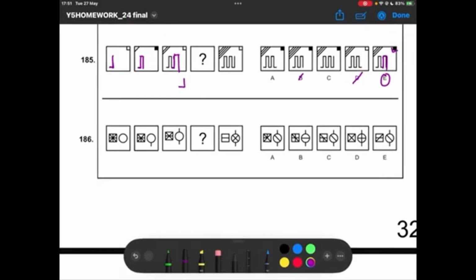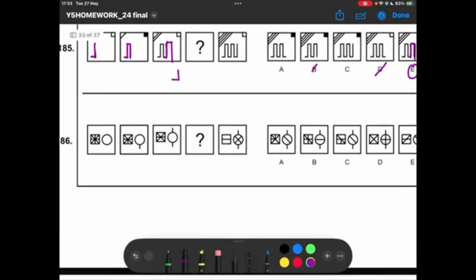Next, so we're adding a line each time to the circle. So we've got 1, 1, 2, 1, 2, 3, 4. So there's going to be 3. So I'm just going to draw 1 like that, and then in the square thing, so we've got 1. So it looks like we've lost one each time. So we've lost that one, then we've lost that one, and here we're just left with that.